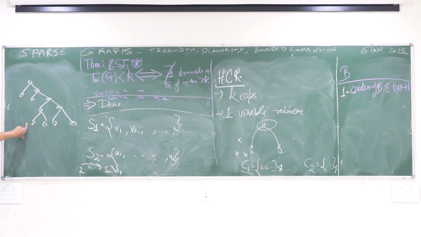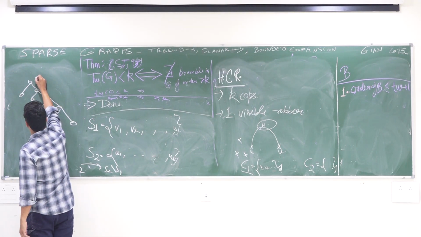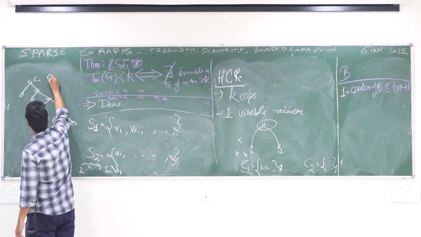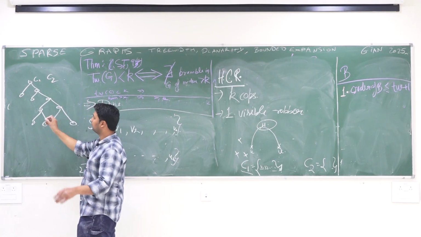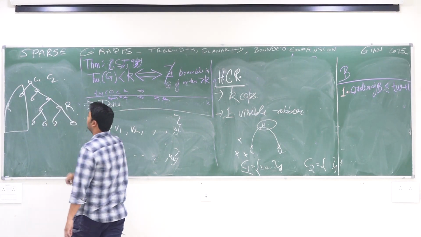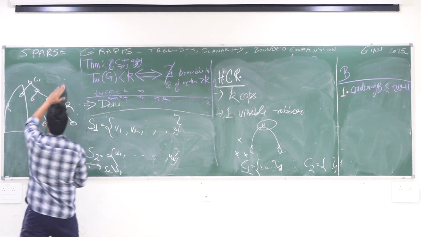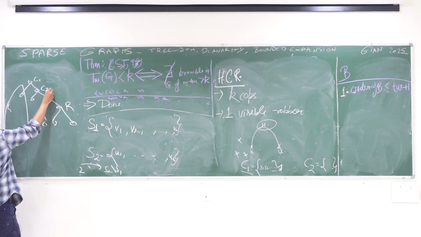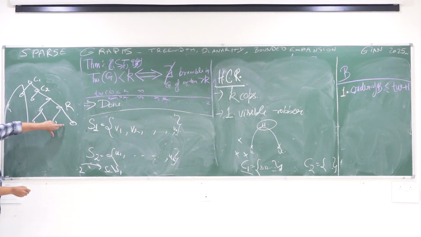So, as you said, for this 3 is obvious, but we can do it using 2 cops also. Let's say I have 2 cops, C1 and C2. So there is a tree here and there is a tree here. Without loss of generality, let's say that the robber is somewhere here. I pick one cop and I move that cop here. In that time, the robber could have moved anywhere here.